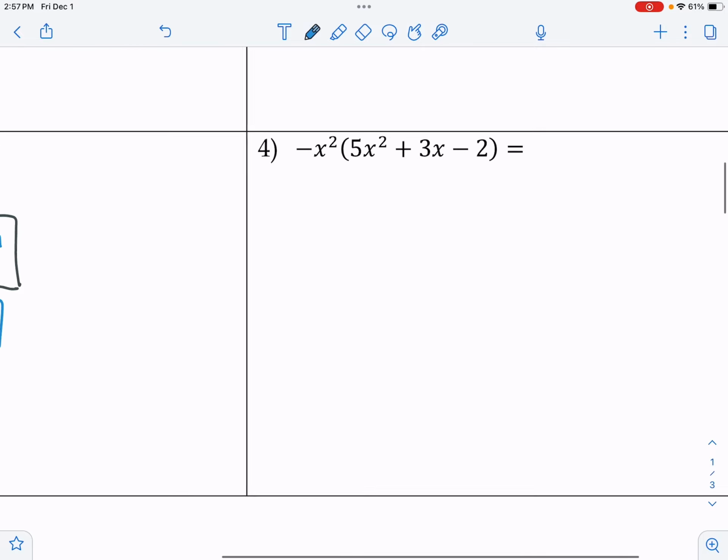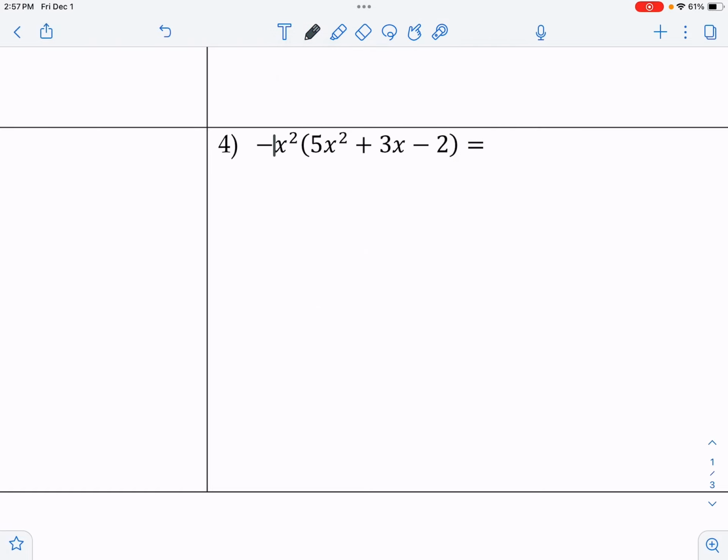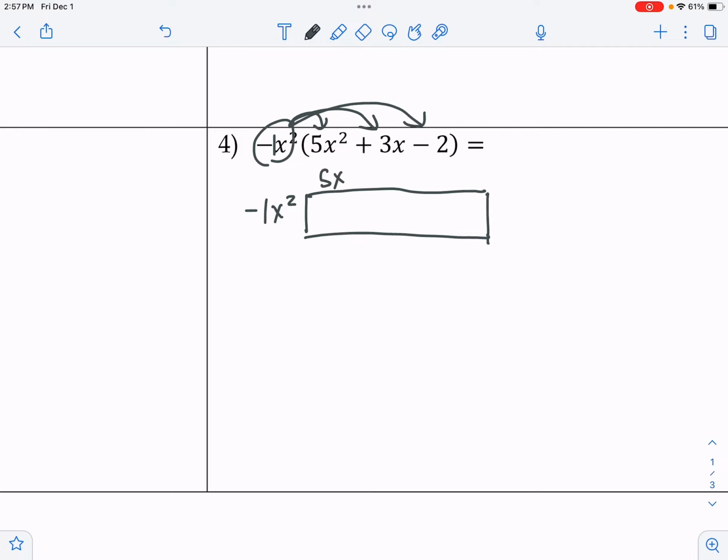All right, last one. The monomial we are distributing is a negative 1x squared to these three terms. Times 5x squared times a 3x times a negative 2. Negative 1 times 5 is negative 5.